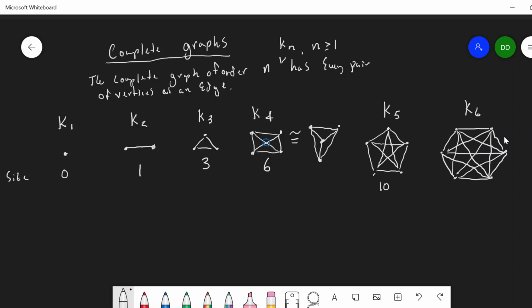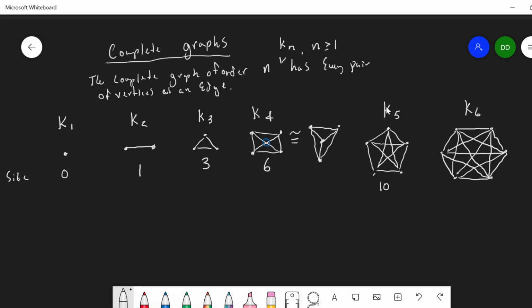Now, how many edges does K6 have? Well, we have to count these, or we can start conjecturing on a formula in general and think about this combinatorially. I have 6 vertices, and every pair of vertices is an edge. So how many pairs of vertices are there?